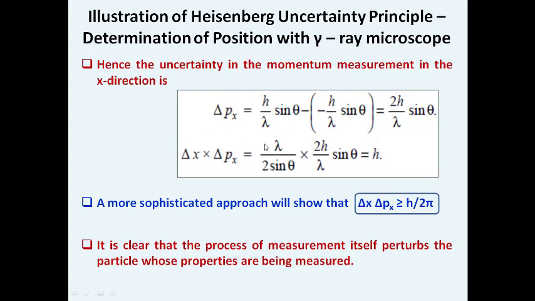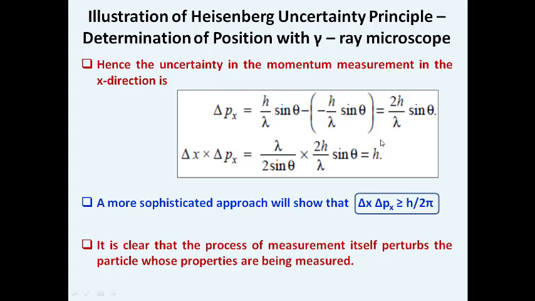To apply the uncertainty principle, we consider the term delta x into delta px. Delta x is the uncertainty in the position of the electron. It equals lambda by 2 sin theta, representing the resolving power of the microscope, and delta px is what we found on this side. Once you substitute the values, you get the final term, which is equal to h.